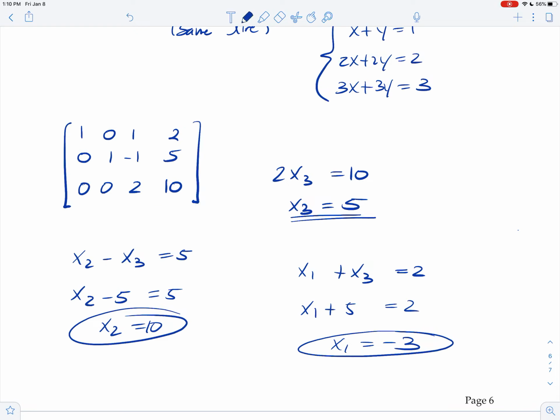What you're looking for with no solution is when you have a bottom row that looks like 0, 0, 0, and then something non-zero, like a 7 there. That means no solution, whereas this is good news. You can actually solve that. And I put it here in x3, but it'd be just as good if it was here or there, right? If you have 2 of the 3 zeroed out, then you can solve for one of your variables.